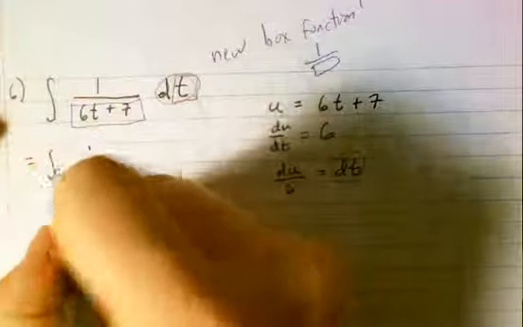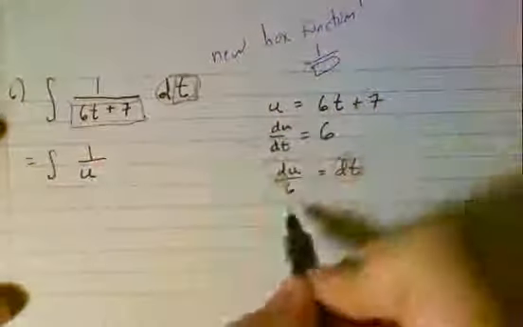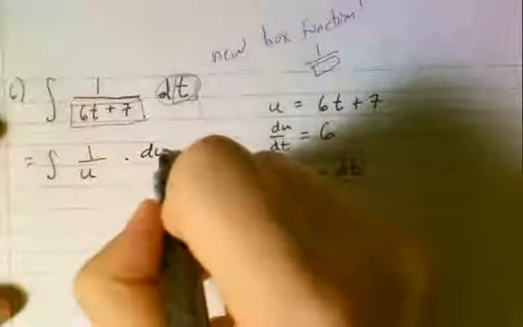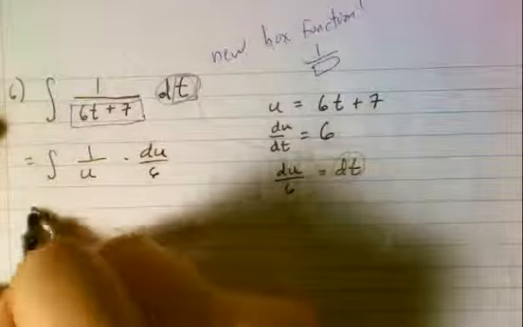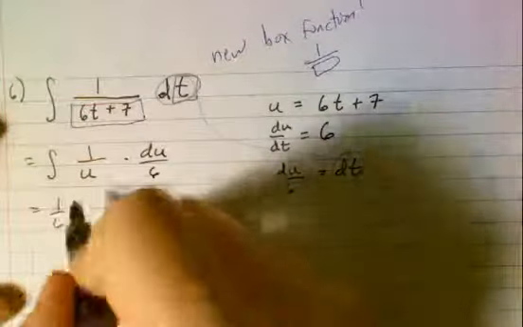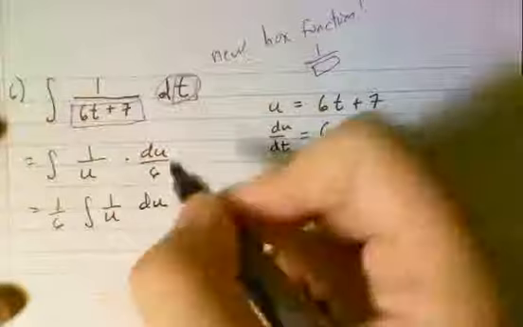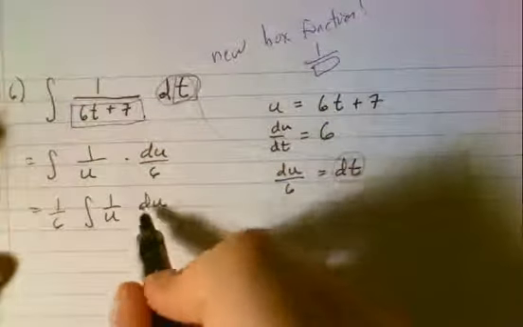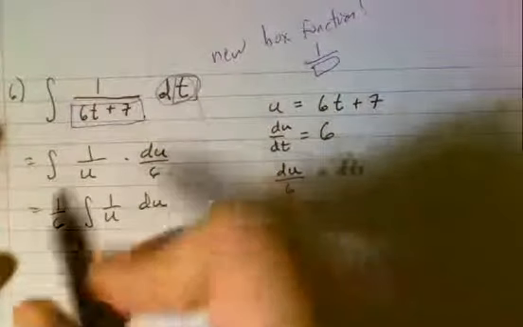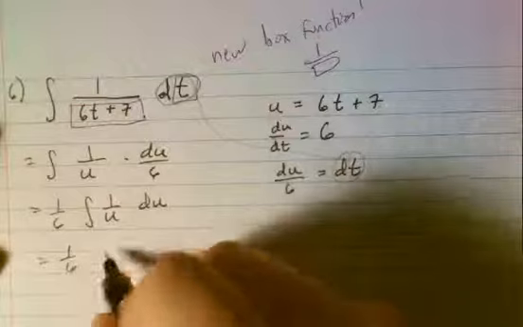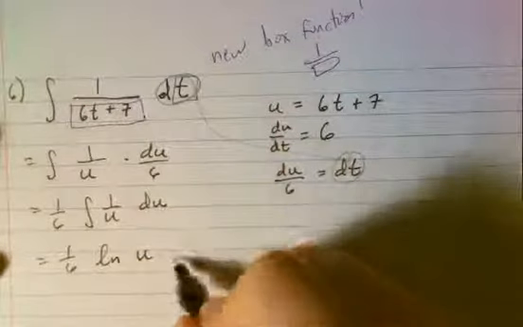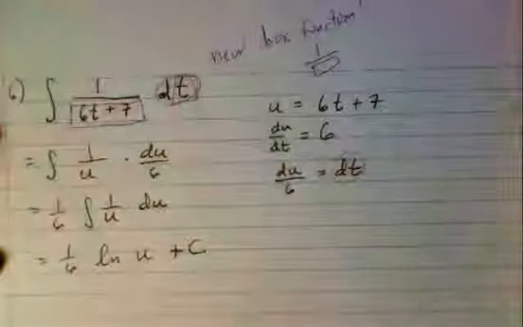And so what we have is the antiderivative of 1 over u, and then du over 6. That over 6 is a 1/6 factor, so 1/6 times the antiderivative of 1 over u du. This is the one we just have to know from our rule. The antiderivative of 1 over something is the natural log of that, plus c.